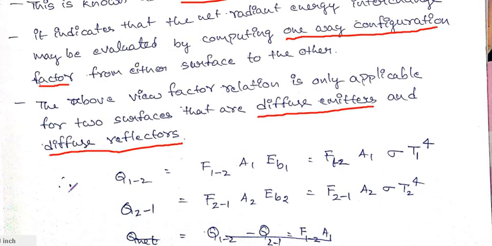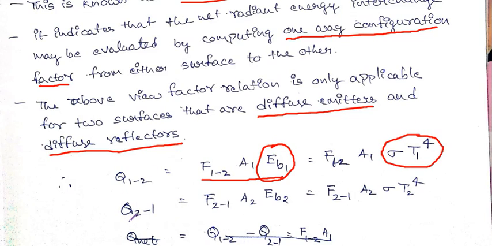Then we can write the radiation heat energy from 1 to 2 as F1 to 2 A1 Eb1, or F1 to 2 A1 sigma T1 power 4, where Eb1 is the emissive power of the surface 1. Q2 to 1, the radiation heat energy from 2 to 1, can be written as F2 to 1 A2 Eb2, or F2 to 1 A2 sigma T2 power 4.